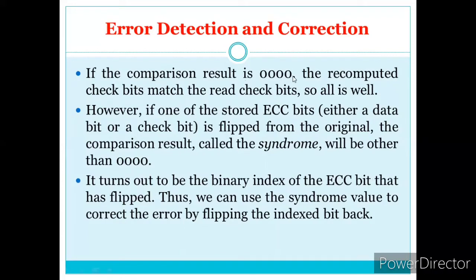If the comparison result is 0, then the data is uncorrupted. If the comparison result is non-zero, then there is some error, or a syndrome. It means that there is a bit flip in the given code word, which we need to correct. After identifying the particular bit which is flipped, we flip it and send the corrected data to the given memory location with the help of ECC bits.